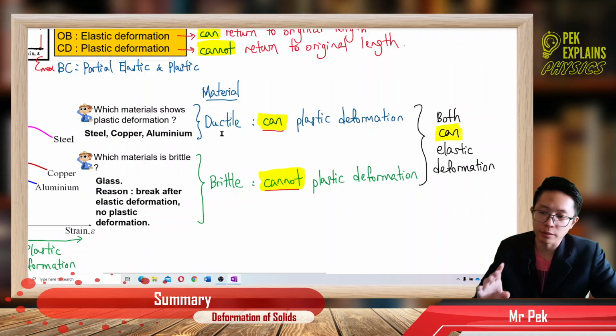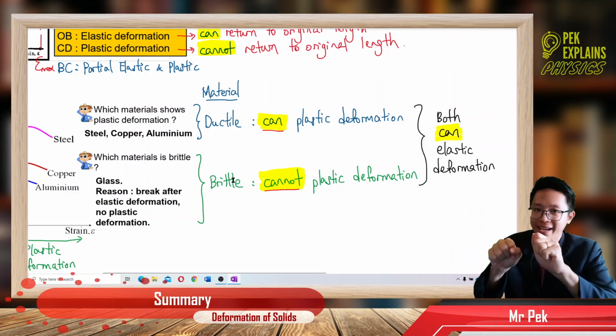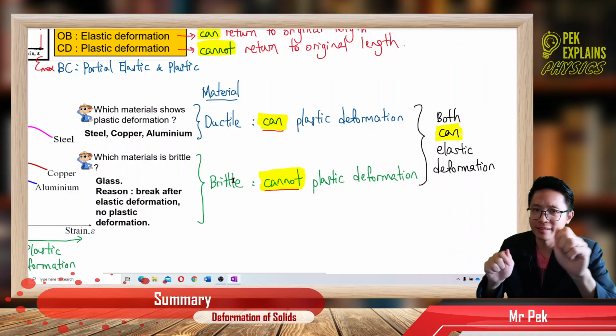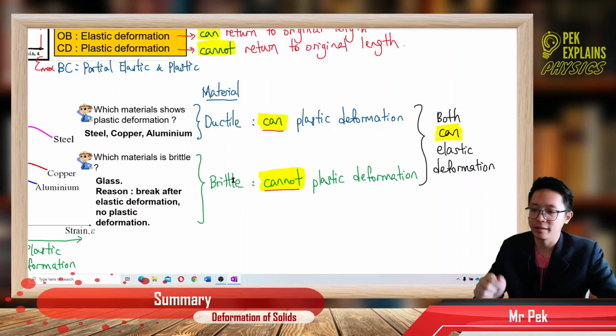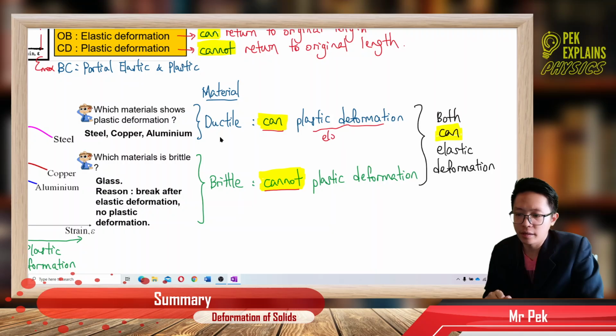So what's the difference between ductile and brittle? Ductile material can elongate. Brittle material cannot elongate, it just breaks. Actually, we can say elongate means plastic deformation, elongate permanently.